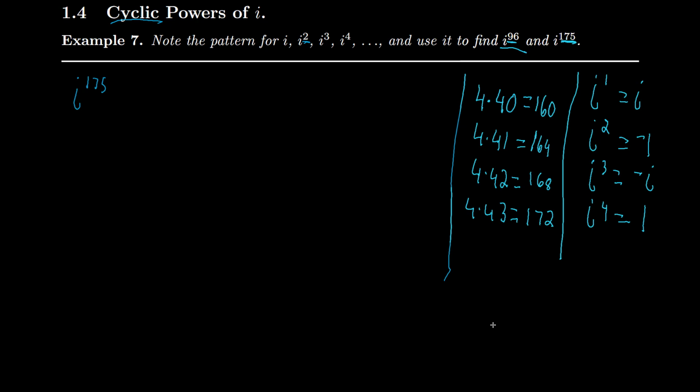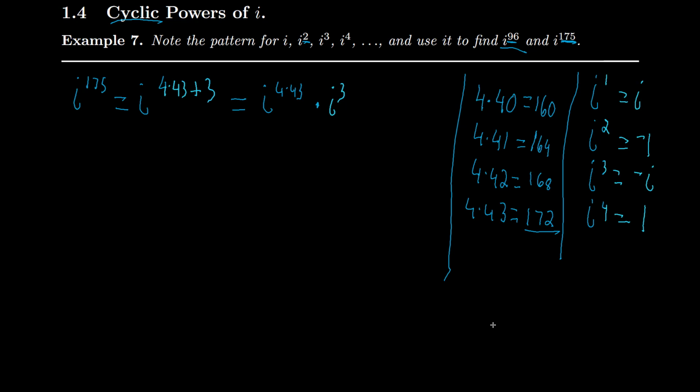So we know then that i to the 175 is just 172, which is 4 times 43. Okay, plus, how many more do I need to go? Well, I'm at 172, so I need 3 more. So it's 4 times 43 plus 3, which means this is i to the 4 times 43 times i cubed.